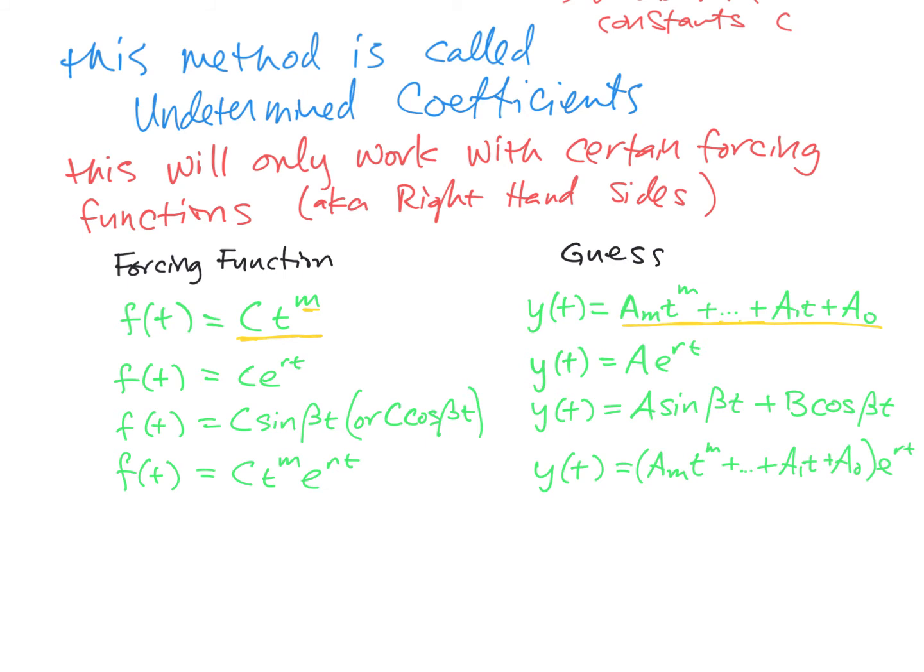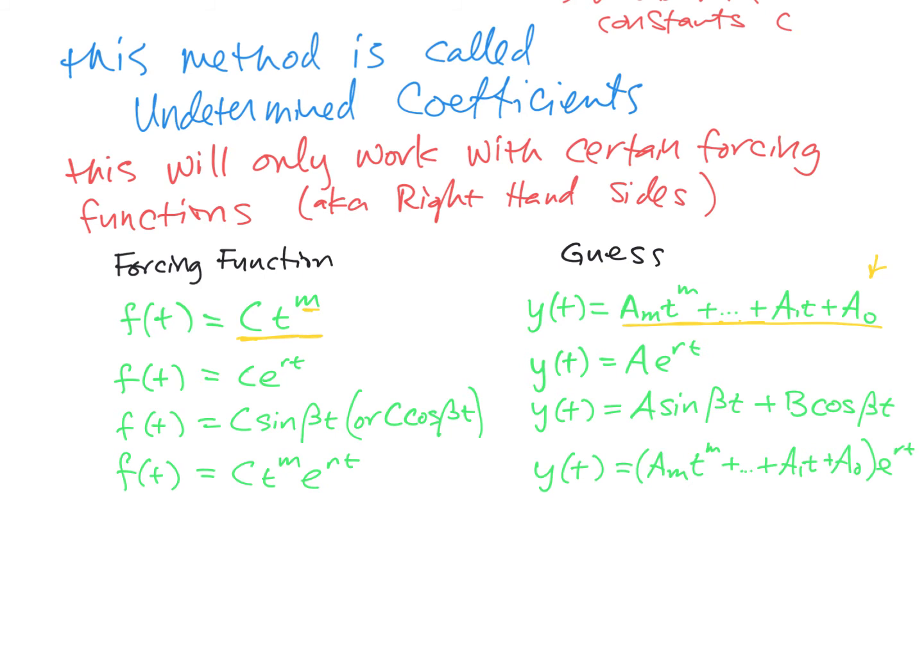So if m was 2 and you had some t squared, your guess would be like a t squared plus bt plus c. They just have to use a sub 0 and everything because there's some arbitrary number of them. So this is trying to be as general as possible.